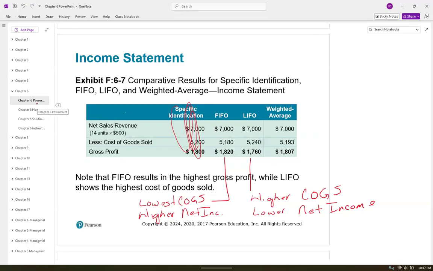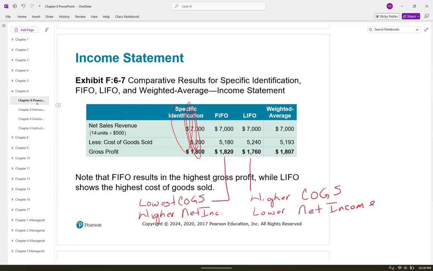Before we move forward, let's talk about which companies probably use which one the most. Weighted average really does good. I always think of oil and gas because those prices get very volatile. They have lots of dips and peaks, and the average would smooth that out just a little bit.